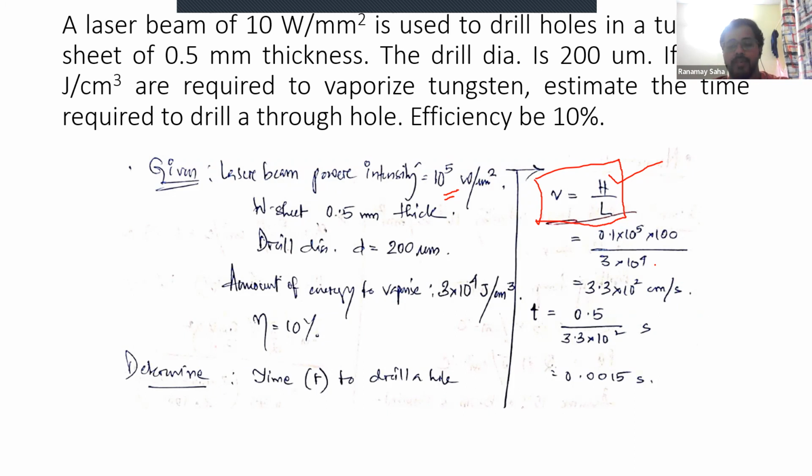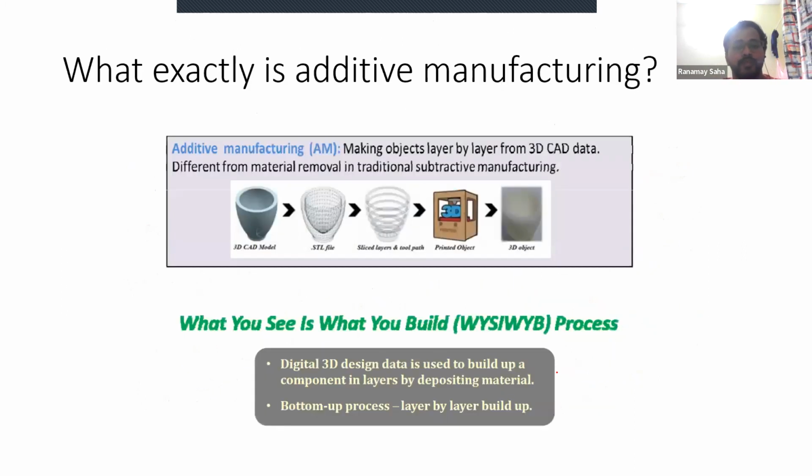When you have done that, you find your time coming to be 0.0015 seconds. So with this problem, we almost conclude our EBM and LBM topics today, and now we'll move to some concepts related to the additive manufacturing process.